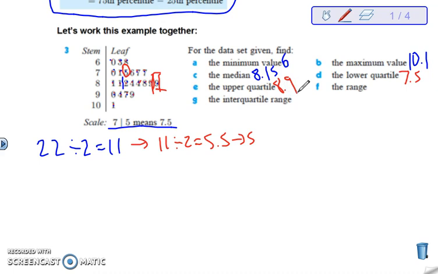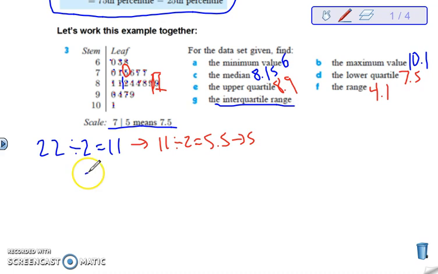Finally, we need our 2 ranges. To find the range, again, we're just going to subtract the lowest term from the highest term. So if I take 10.1 and subtract 6, we get 4.1. To find the interquartile range, we're finding the range from Q1 to Q3.